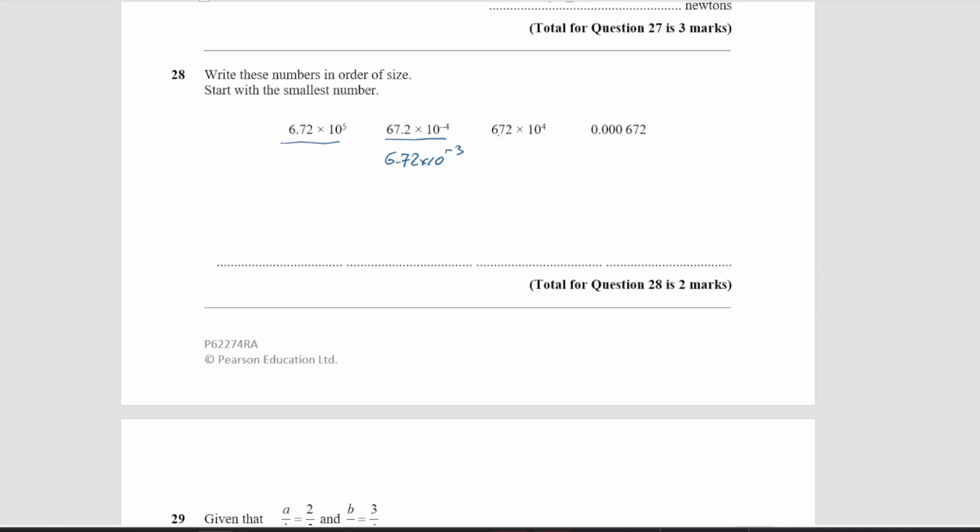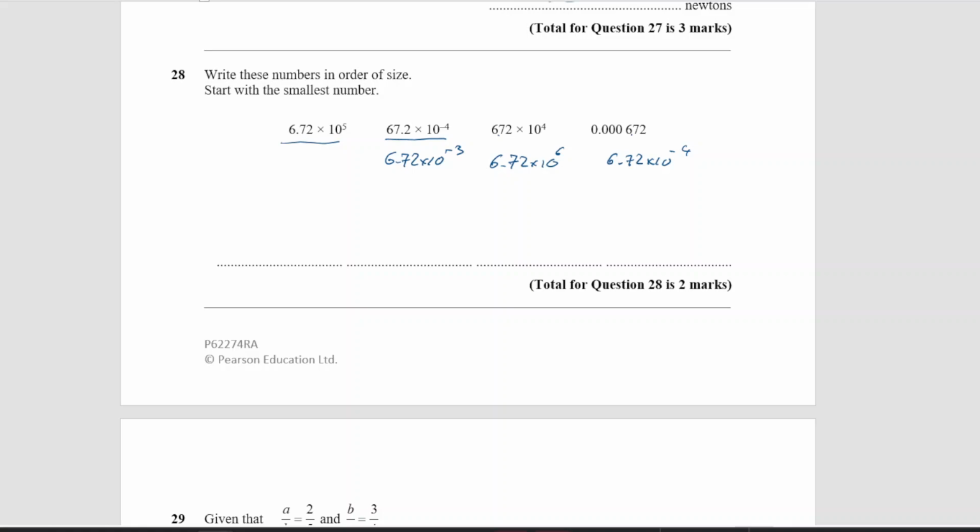This one would need to be times by 100, so it would be 6.72 times 10 to the 6. And this one would need to put the decimal there, so 6.72 times 10 to the, we need to move that 1, 2, 3, 4 places, so minus 4.